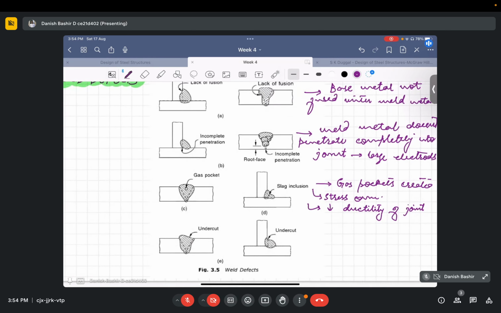There is one more, slag inclusions. These are actually metal oxides and other solid compounds which are sometimes found as elongated or globular inclusions.